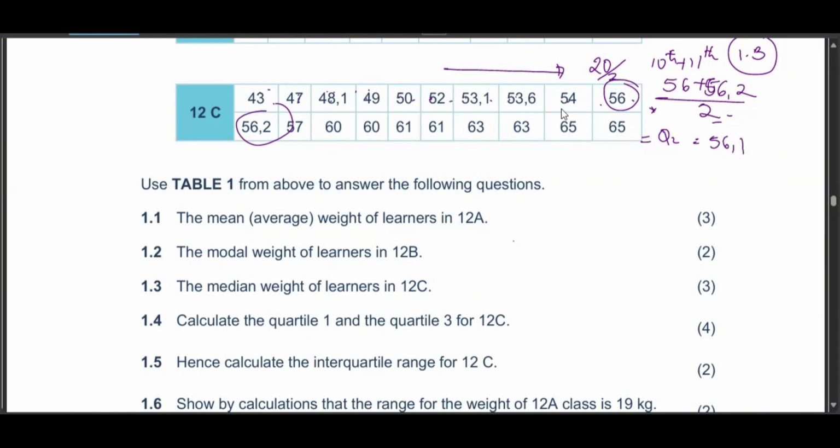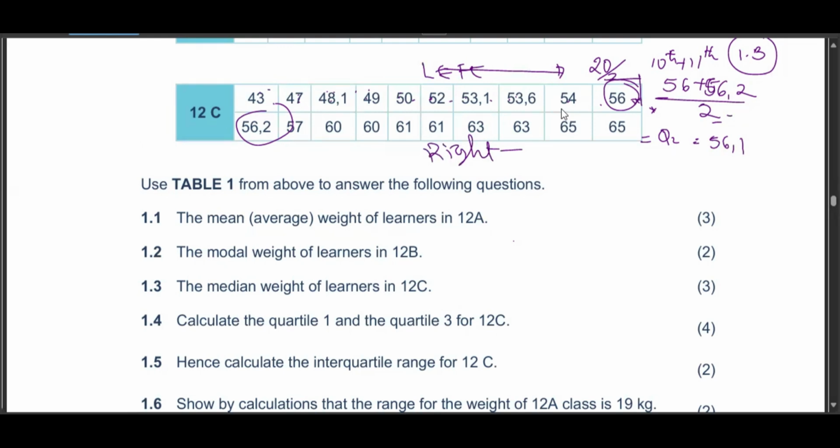Since this is your Q2, going up here, this is the left, and down, these other values here are going to be on the right-hand side, as we've been doing in the examples before.